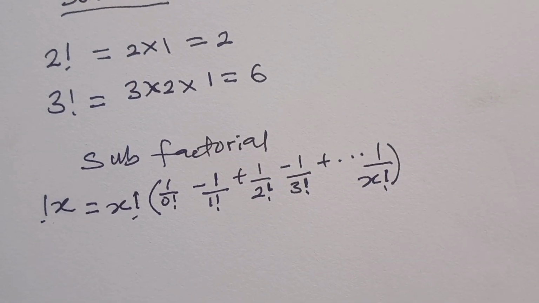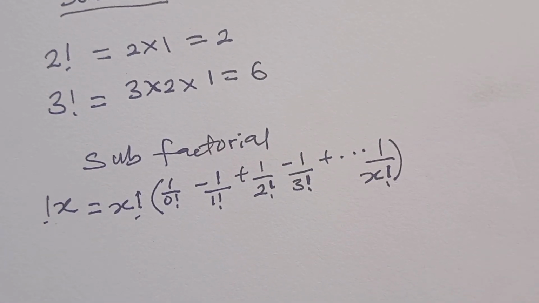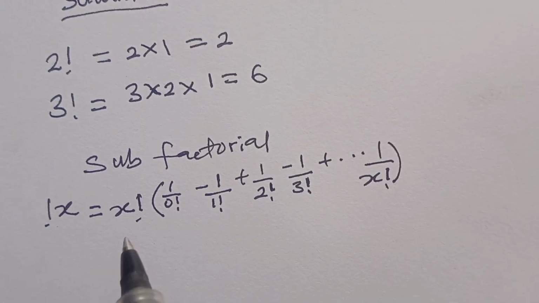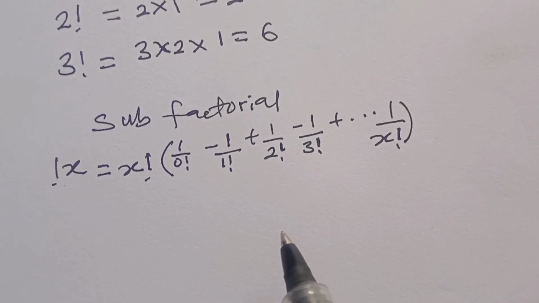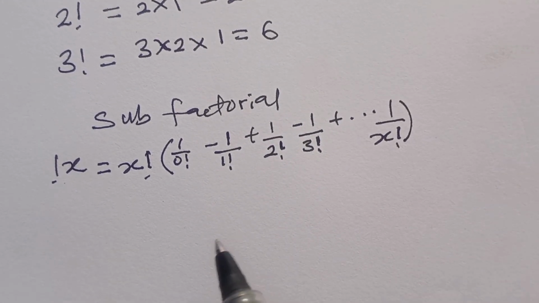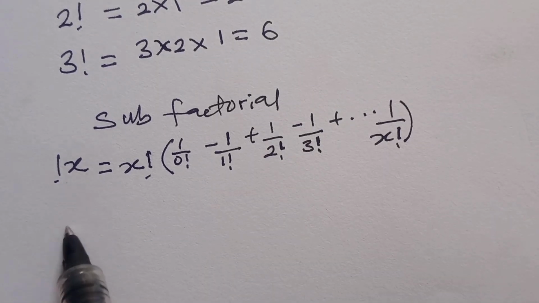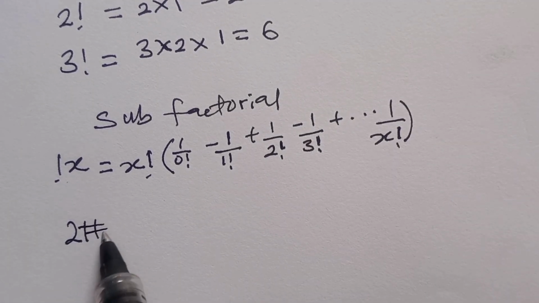Now, if you have subfactorial of x, this is what you are expected to do. So the subfactorial of x will give us everything that we have in our right hand side.